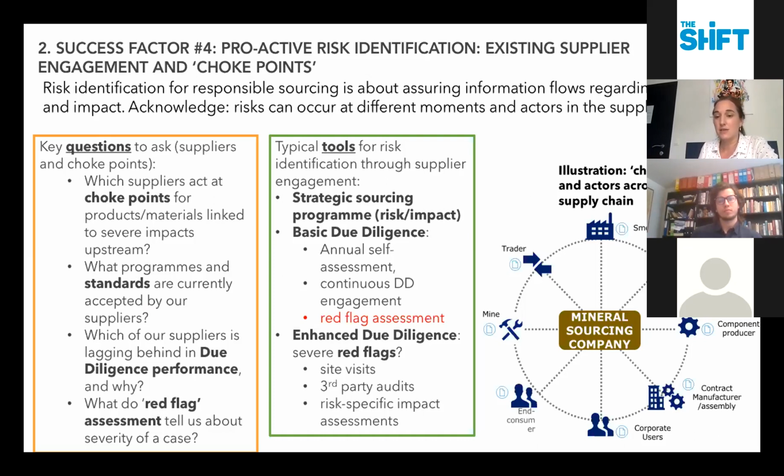These choke points are also very often the actors that receive incidents, and they're very valuable to your due diligence process, because this relationship with a smelter, for example, will allow you to research specific incidents, whether they reflect a structural issue, or they're a one-off issue that doesn't need further inquiry.